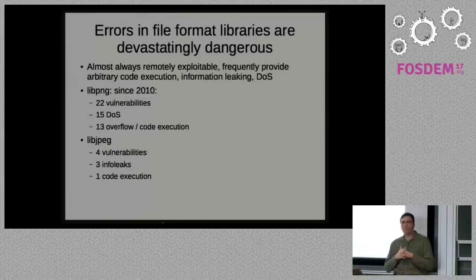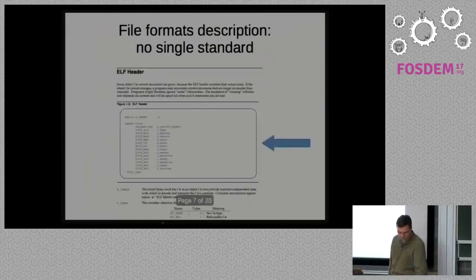They frequently provide arbitrary code execution, especially if we're talking about buffer overflows in libraries written in languages such as C. They leak information. They usually can lead to denial of service errors. For example, in libpng since 2010, there were 22 vulnerabilities, and quite a few of them are really dangerous. In libjpeg, for example, there are 4 vulnerabilities, but they're still dangerous as well.